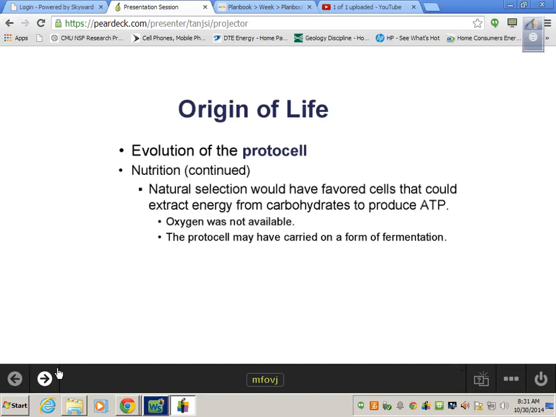Because we depend on producers, but think about this. Things that break other things down are not making their own energy, right? They're consuming other things. And so if this theory were true, then that would mean that consumers came before producers.